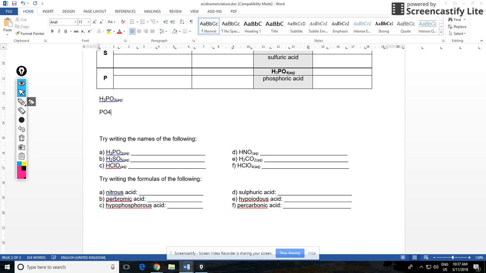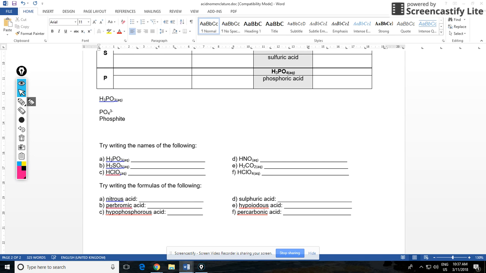So this is a derivative from the phosphate ion. Let's just make that charge a superscript like this, PO4 like this. So if you have PO3, that is one below the PO4. So that would make this phosphite.